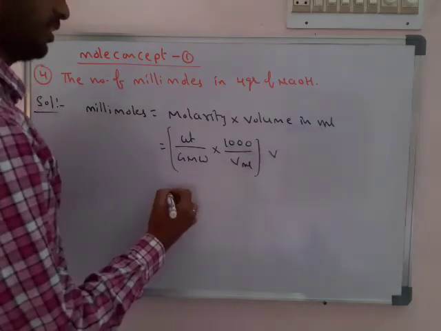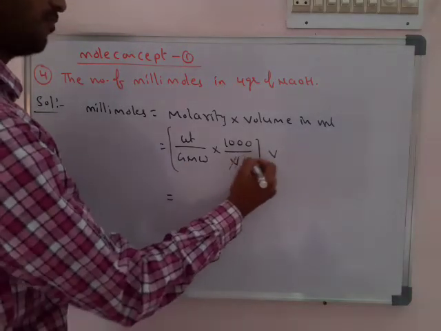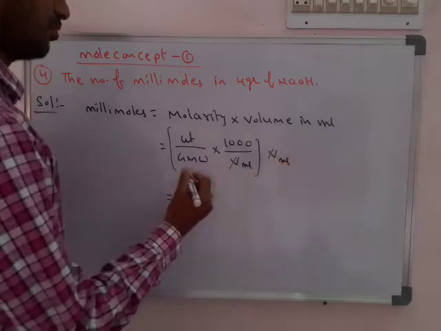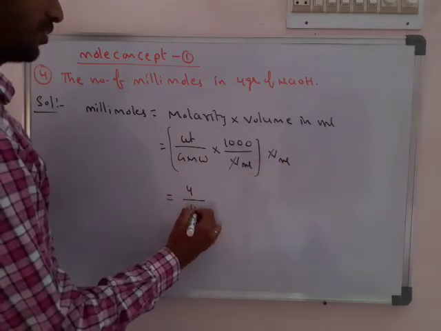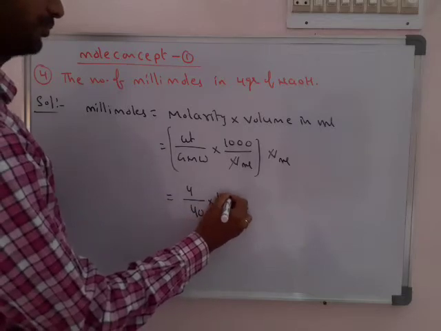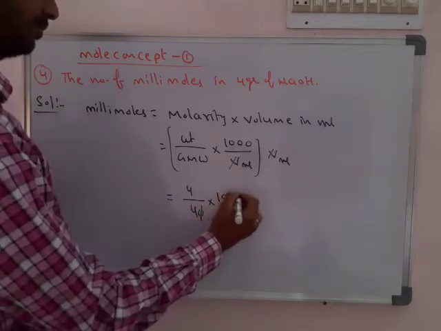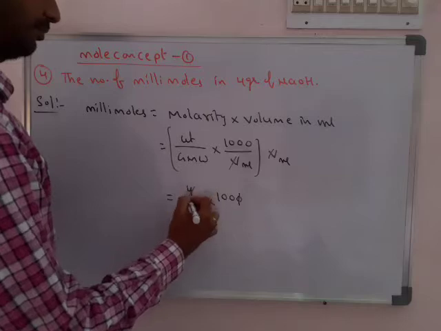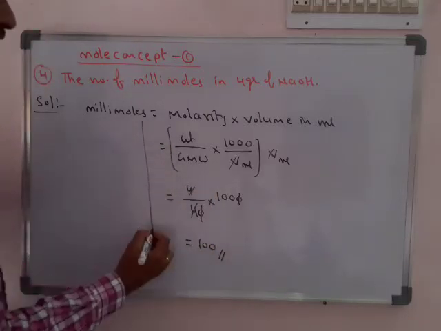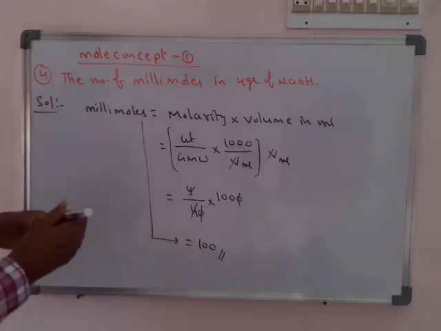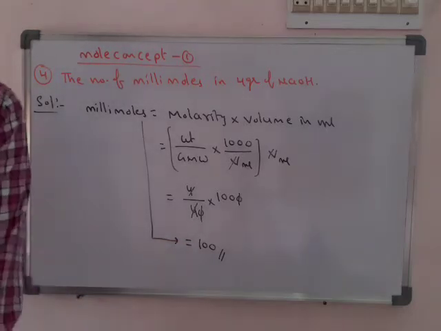Here also V milliliters, so they cancel. We get weight divided by the molecular weight of NaOH, which is 40, so the number of millimoles in 4 grams of NaOH is 100.